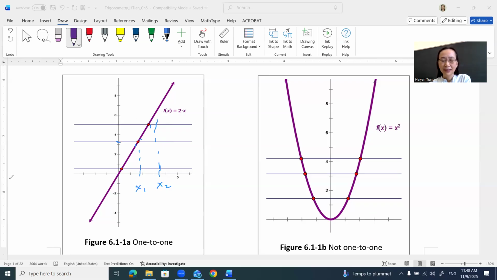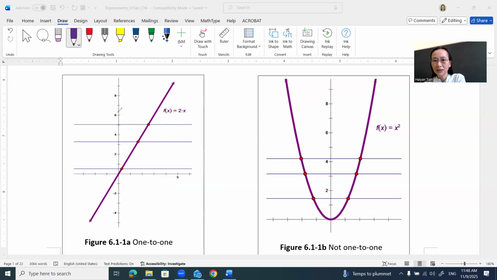This straight line is an increasing function, so the larger the x, the larger the function value. Whenever the x values are different, the function values are different. So that's easy to see.